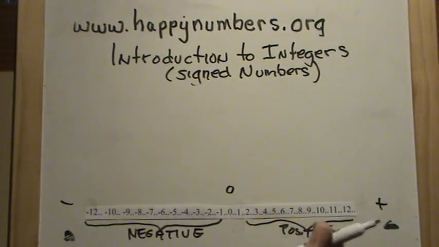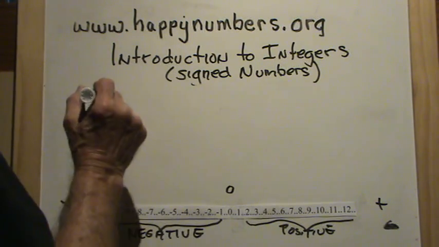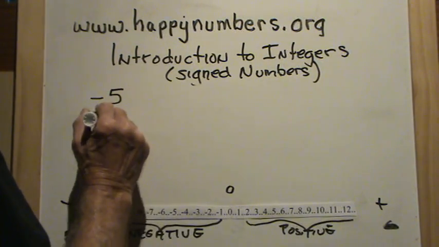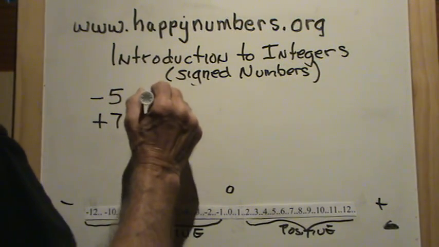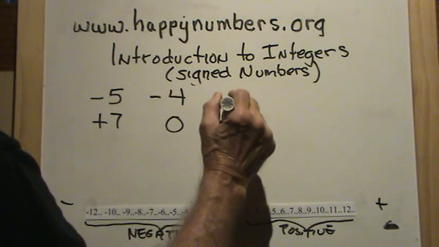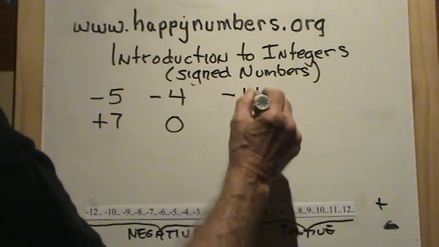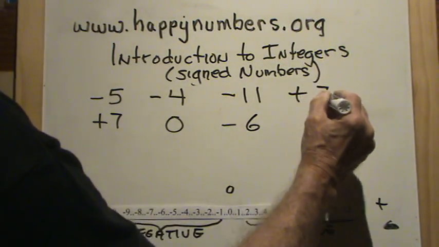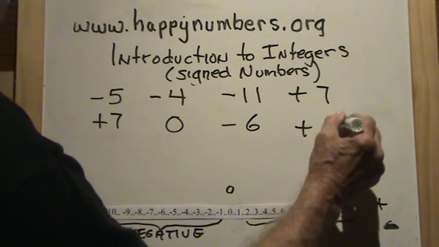Like we have here. So what I'm going to do is put these up: -5, +7, -4, 0, -11, -6, +7, +10.